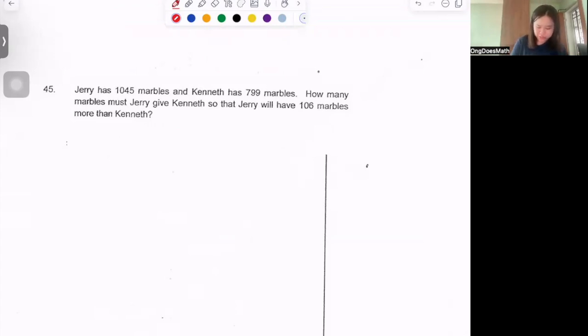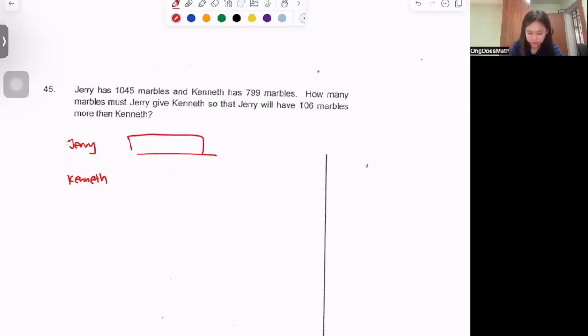So we have 2 characters, Jerry and Kenneth. Jerry has 1045, which means that Jerry will have a bigger model than Kenneth, who only has 799.